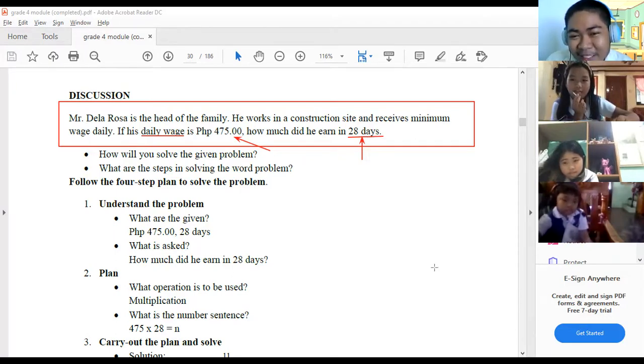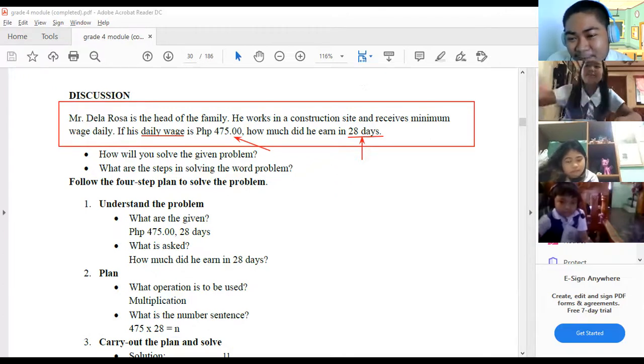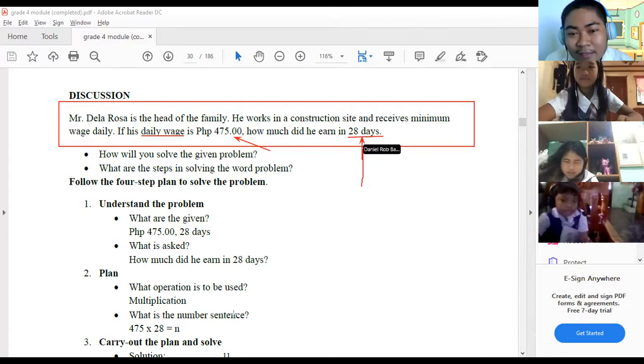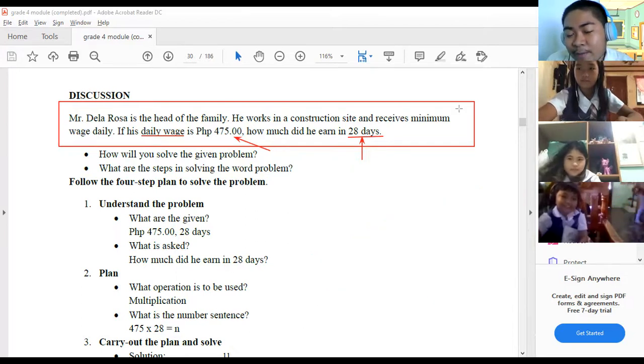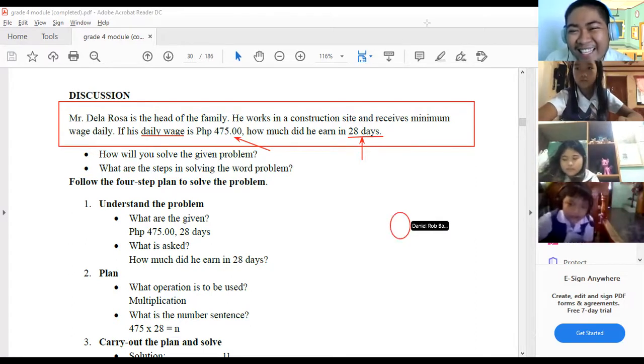It's hard to explain, but it is a process in mathematics wherein the numbers are being multiplied.